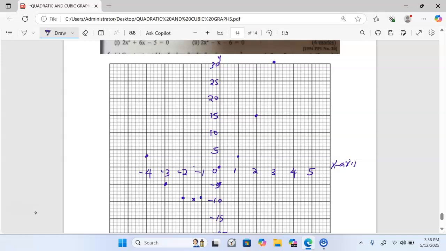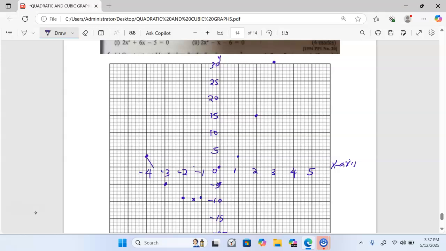After doing all that, we can now join all the plotted points as follows, by connecting all these points.